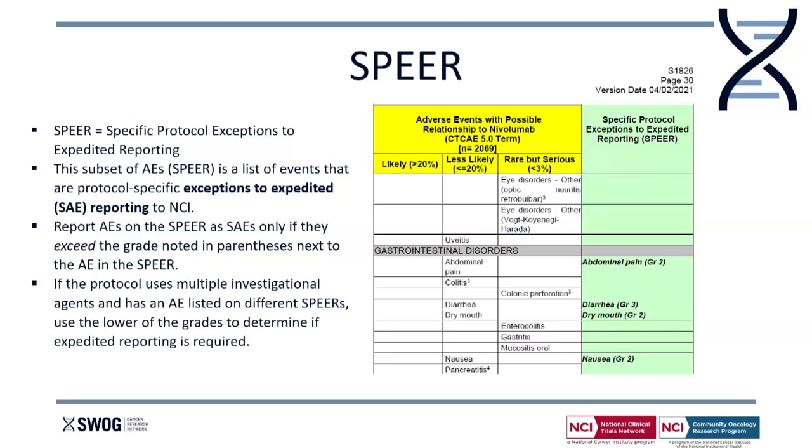Some protocols may have more than one investigational agent, and so there may be more than one SPEAR in the protocol. If that's the case and you find conflicting information, always use the lower of the grades to determine SAE reporting. And again, email us or call us if you're not sure.